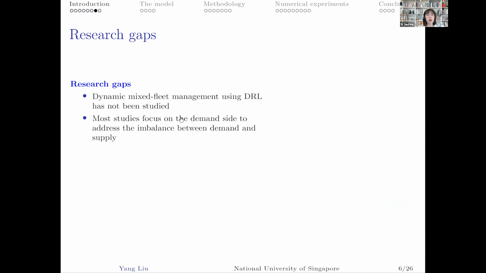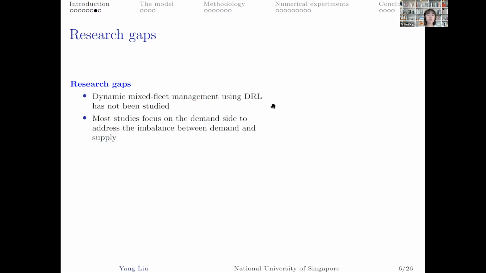So first of all, to our best knowledge, there's no study which uses deep reinforcement learning to study the dynamic decision making for mixed fleet management. Okay, so there are studies that focus on pure autonomous vehicle or pure conventional vehicle management.